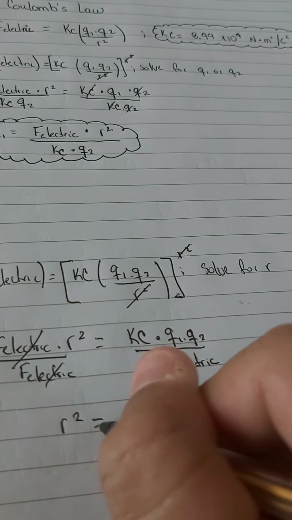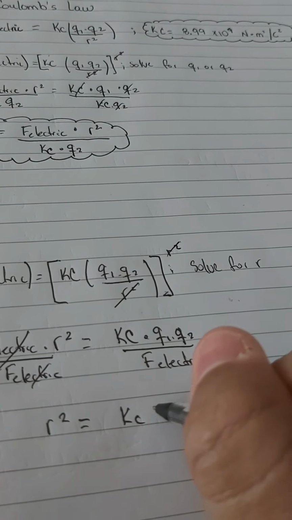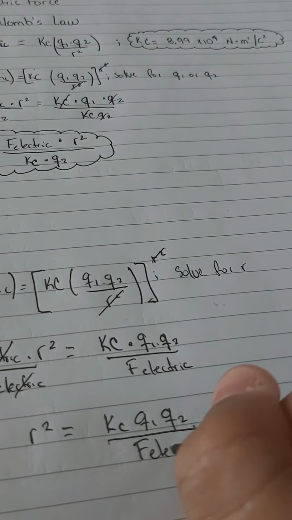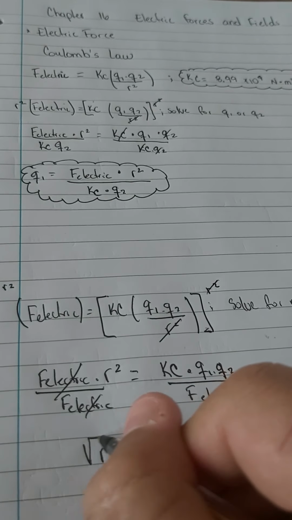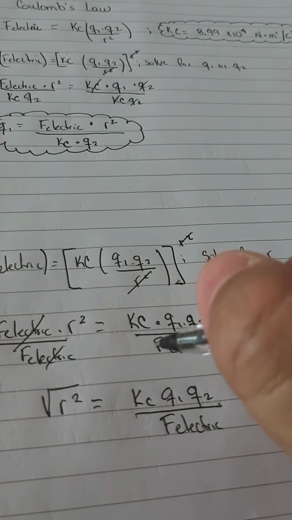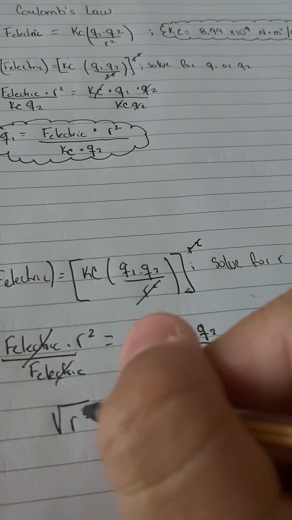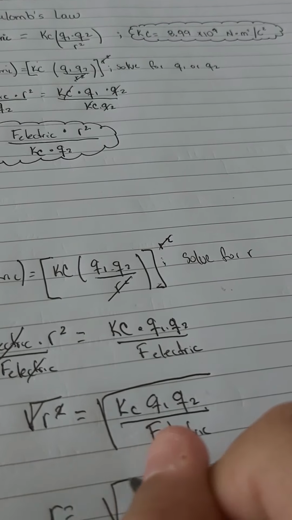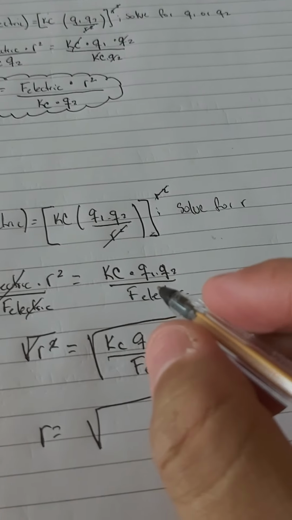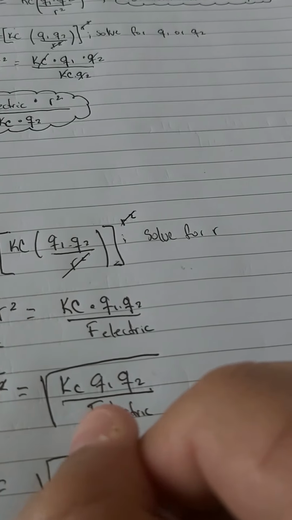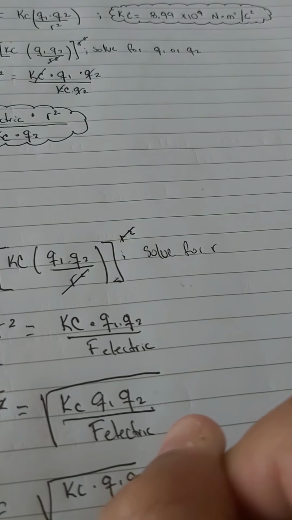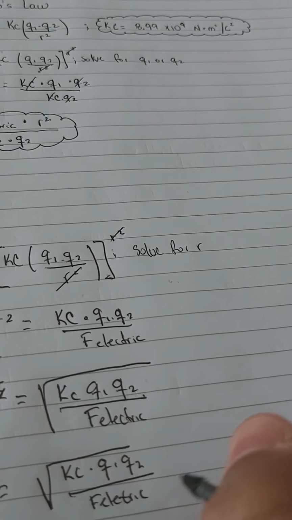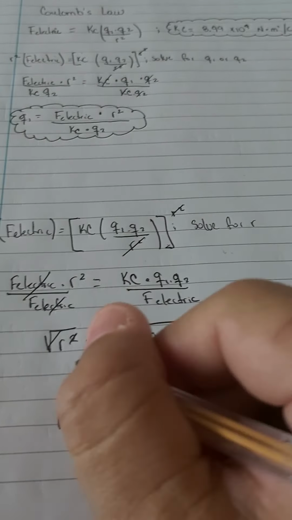So we get that the distance squared equals Coulomb constant times charge 1 times charge 2 divided by the electric force. And all you have to do is find the square root on both sides of the equation. So you get distance equals the square root of Coulomb constant times charge 1 times charge 2 over electric force.